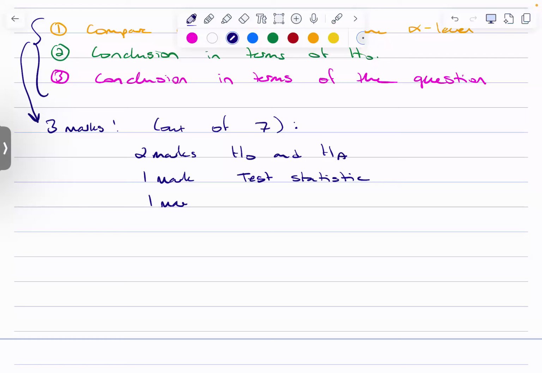So another 1 mark is the p-value. Again, if you're able to find your test statistic, but you can't find your p-value, just tell me, I'm going to use a p-value of this, right? And then use that for your conclusion. You can't get the mark for the p-value, obviously, but you can get full marks if you follow through properly with your conclusion, okay? And so you're allowed to do that, right?